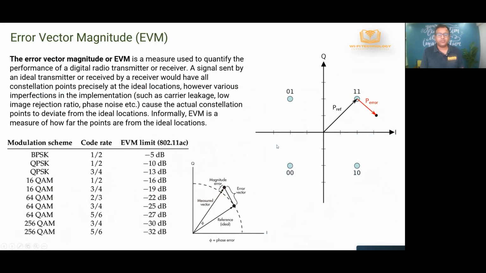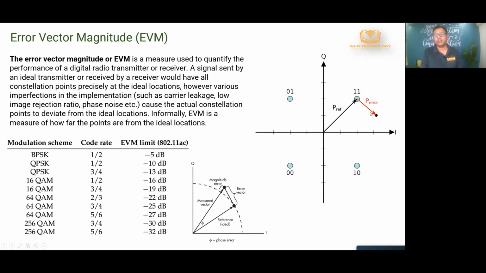Those of you in the wireless communications and Wi-Fi space might have also heard this term called EVM, or error vector magnitude. In very simple terms, it's basically the distance between the desired point. For example, if I'm sending a 1-1, and 1-1 is at this point on the IQ axis, this is where it should be.